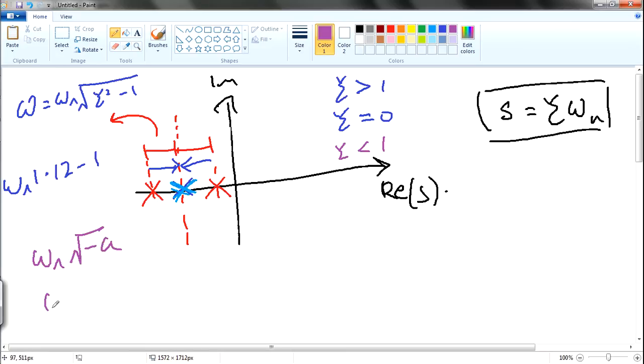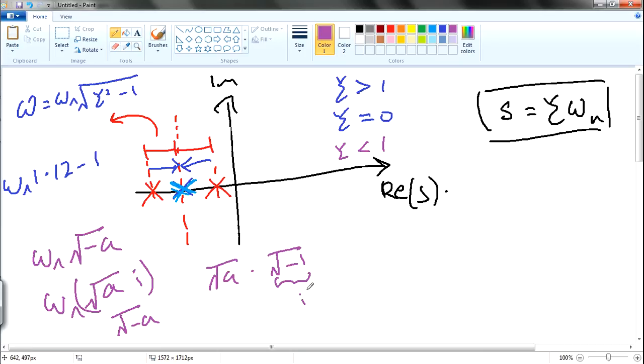So you can still expand this thing into I. This thing is actually minus a, if you remember. A dot with minus 1, this is I, is equal to minus a. So therefore, once you have a damping factor that is smaller than 1, you have imaginary things, right?